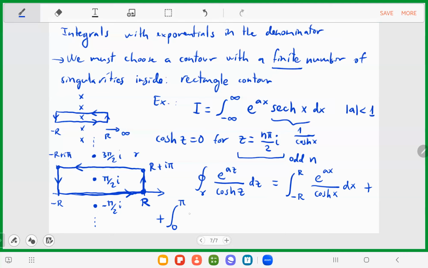So here we have the exponential of a times r plus iy divided by the hyperbolic cosine of r plus iy, and dz will be i dy.